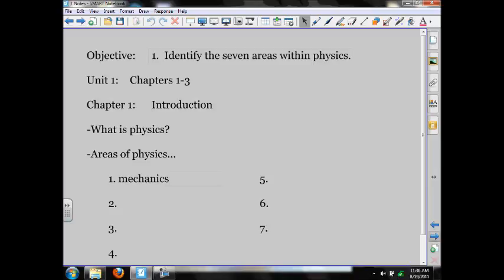Projectile. Gravity, we said. Simple harmonic motion. Anything dealing with motion is mechanics. Jordan, I think it was, said magnetism. I don't remember which order they're in. No, I got it. Thermodynamics, what's that mean? Heat, good.